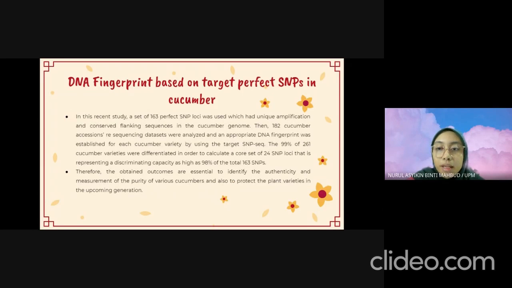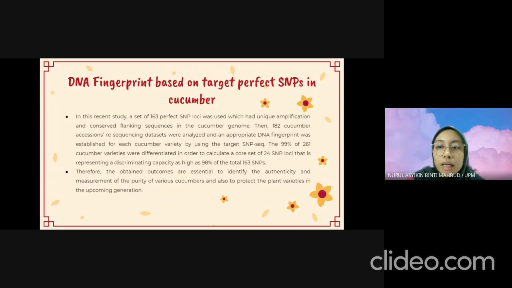Then 182 cucumber accessions resequencing data sets were analyzed, and an appropriate DNA fingerprint was established for each cucumber variety by using the target SNP sequence. So 99% of 261 cucumber varieties were differentiated in order to calculate a core set of 24 SNP loci that represents a discriminating capacity as high as 98% of the total 163 SNPs.